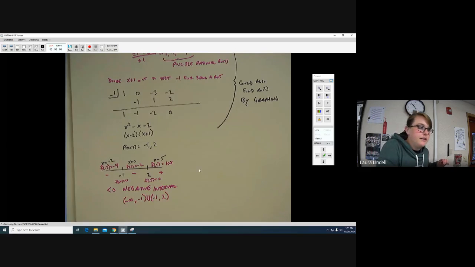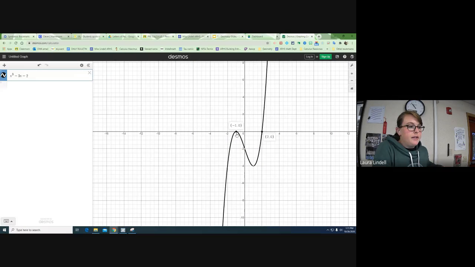And we can also see this in our graph. We can see here that at -1 it's equal to 0, and since we're looking for the places where this function is less than 0, that means we need to exclude 2. And all of this is negative, except for here. And all of this is negative. So from -infinity up to 2, excluding -1, the whole function is negative.